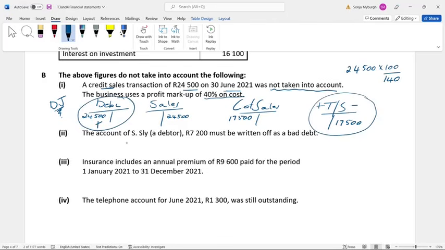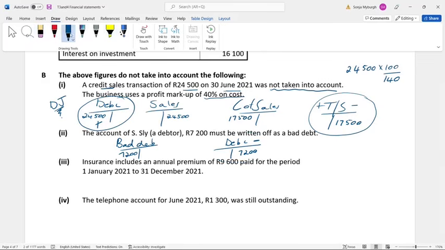Number 2, we must write off an account as irrecoverable. Bad debts to be debited. It is an expense, will be shown on my statement of comprehensive income, and debtors control will be credited because a debtor decreases, and this must also be shown on the statement of financial position.